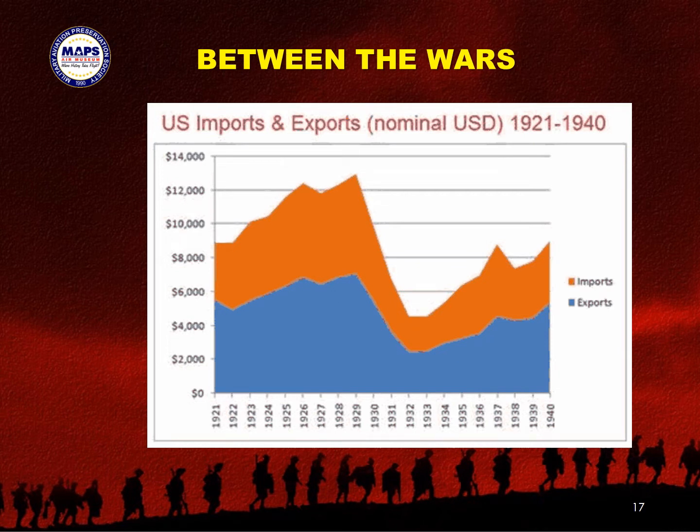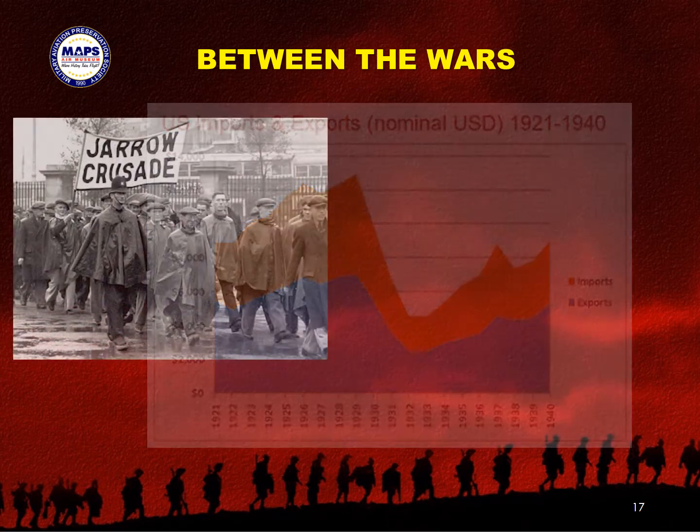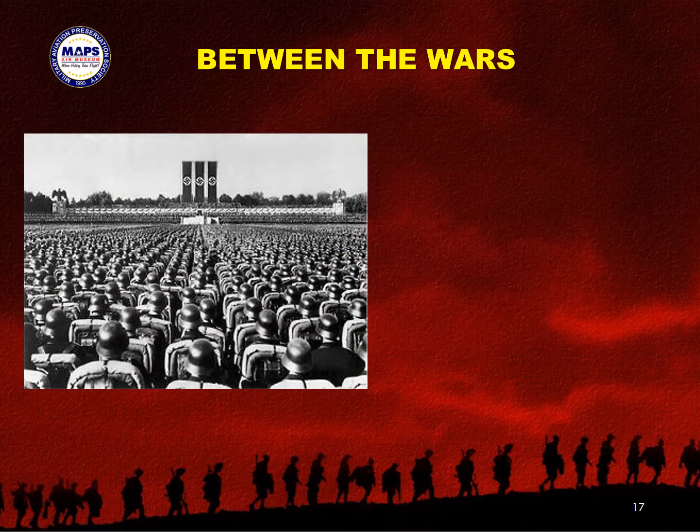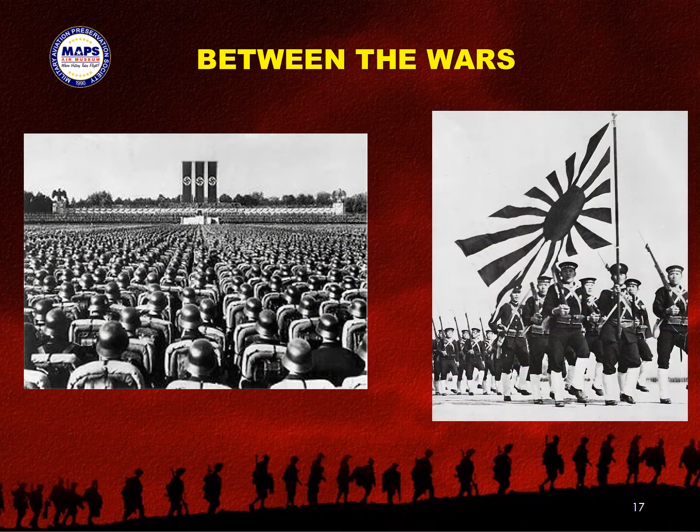Although we did not emphasize it in our studies, the rest of the world was also affected by the Depression. Britain and France particularly also struggled with the economic downturn. The response in Germany and Japan, however, was totalitarianism, militarism, and finally, war.